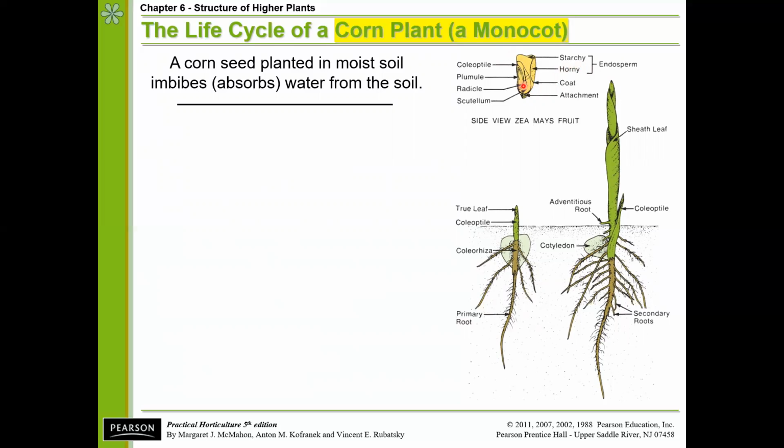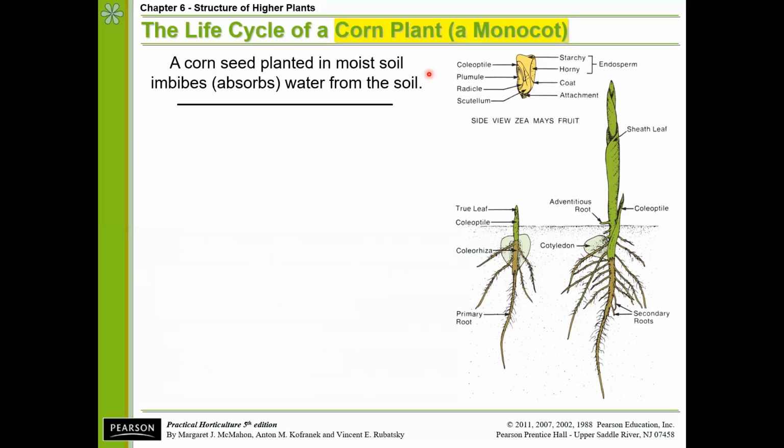So think of any life cycle of a seed plant, any of the angiosperms. We plant that seed, and corn is one of those examples where we really have to plant it. The way that we've domesticated the corn plant, it has such a tight sheath husk around the kernels and the seeds that you really have to take the seed off of it and put it in the soil in order to get it to grow.